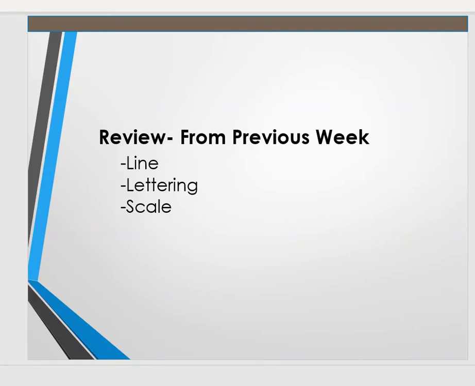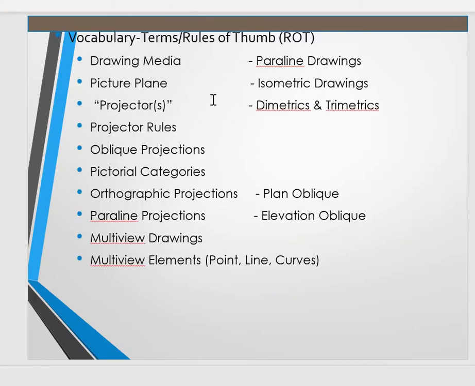Here's a few of the vocab words we'll be tossing around. The medium that we use to draw with, picture planes, and this word projectors and projector rules. Oblique projections, pictorial categories. We're going to talk about orthographic projection a lot. Paraline projections and multi-view drawings.